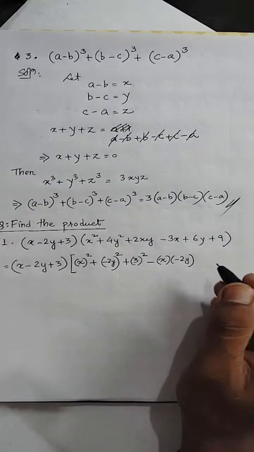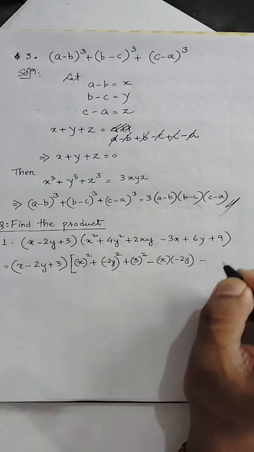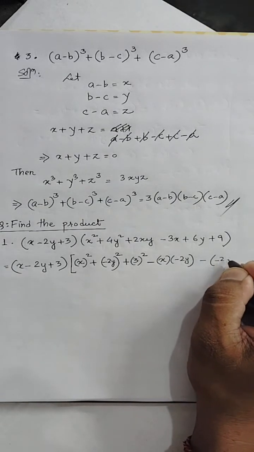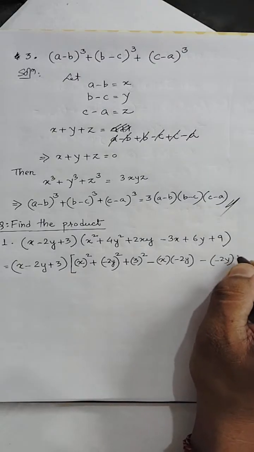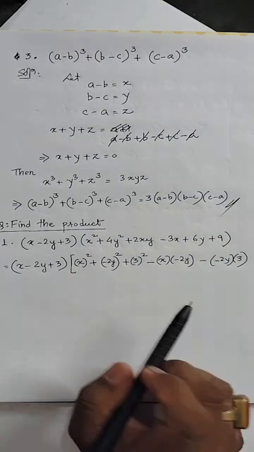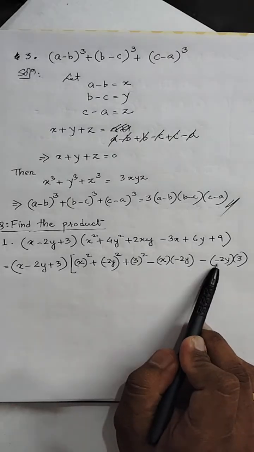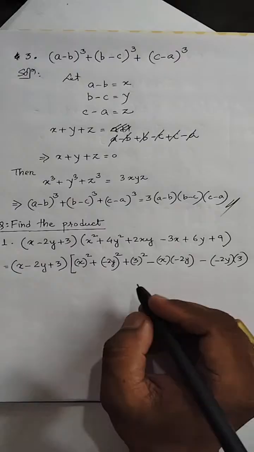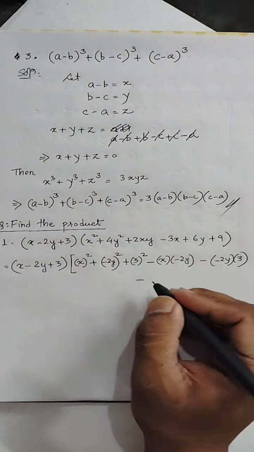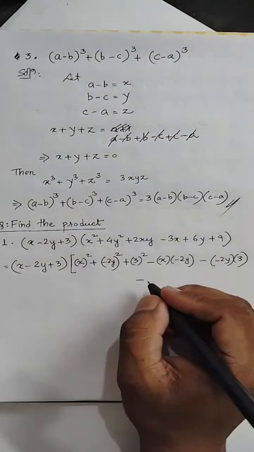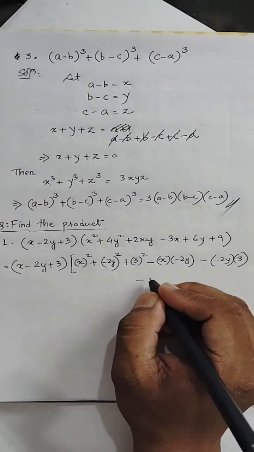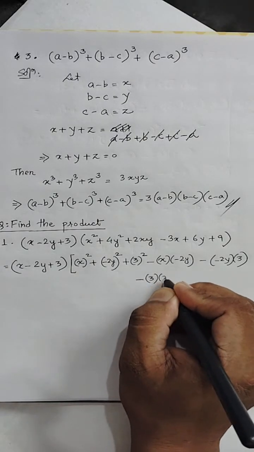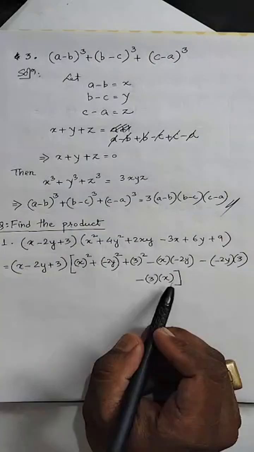Okay, then we have minus 2y into 3. Again, let us cross check. Negative into negative is positive, 2 into 3 is 6, and y, and minus 3 into x. So how much?